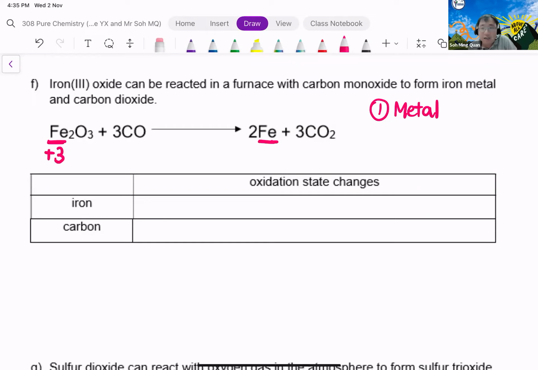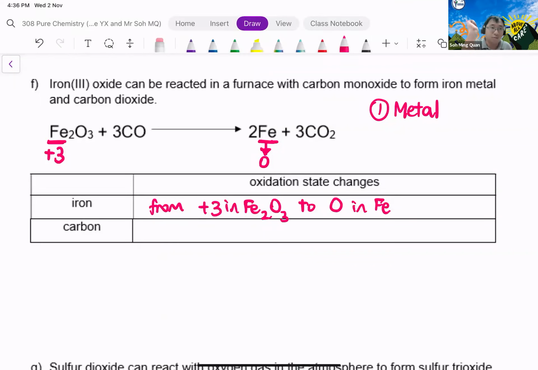Next, can I have Ming Heng? Can you tell me what's the oxidation state of iron here in Fe? 0, because it's an element. So now you can write down, iron goes from +3 in Fe2O3 to 0 in Fe.